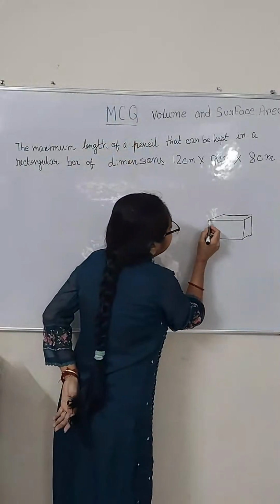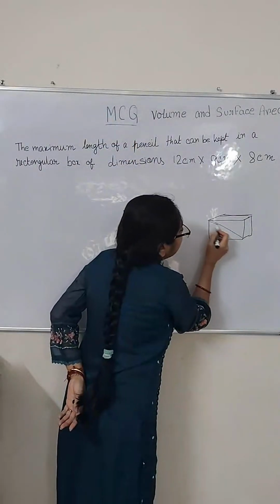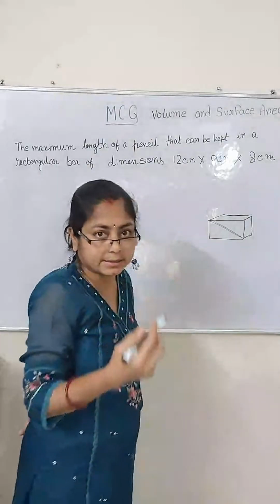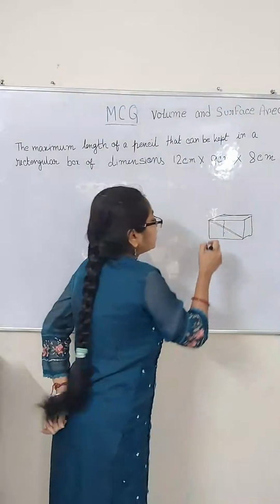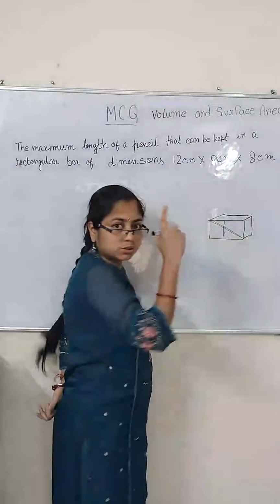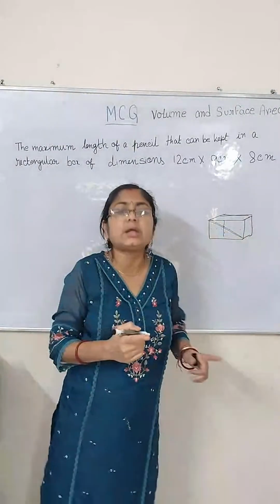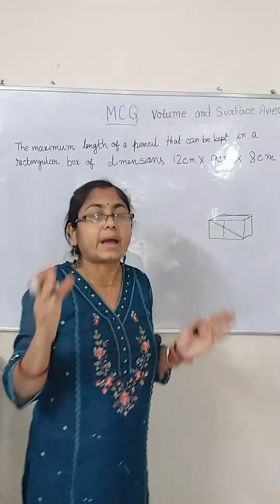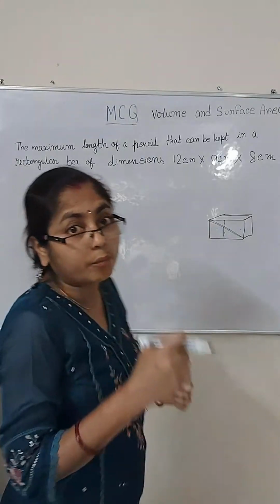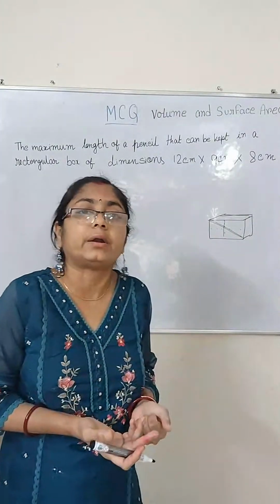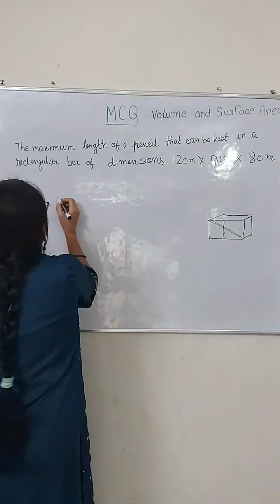If you put the pencil in this way, it is the highest. If you do it in this way, it is not the highest. Means diagonally, if you put a pencil, it is the maximum height. Then the question is, what is the formula of the diagonal? How can you find out the diagonal? So I write.